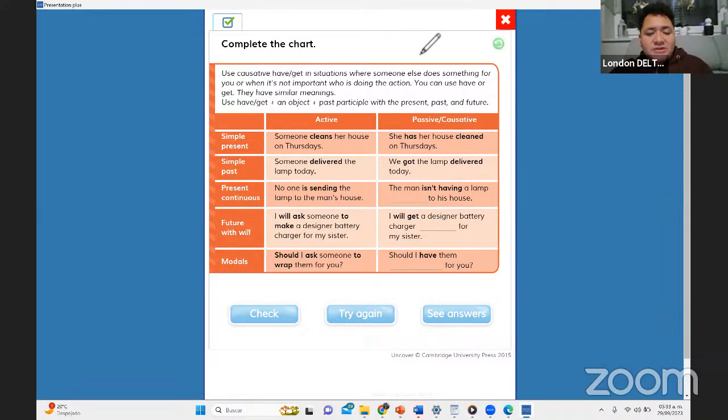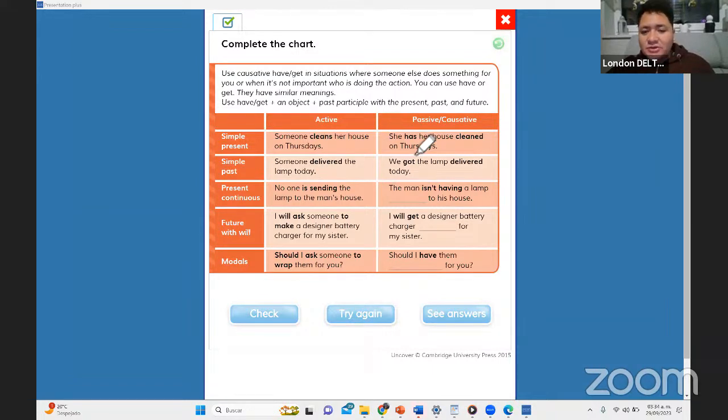So check these examples. In the active form, en la forma normal, en la forma activa sería: someone cleans her house on Thursdays. So this someone, alguien. Aquí no sabemos quién sea, ¿no? Limpia la casa los jueves. So, you don't do it, right? But someone else does it for you.